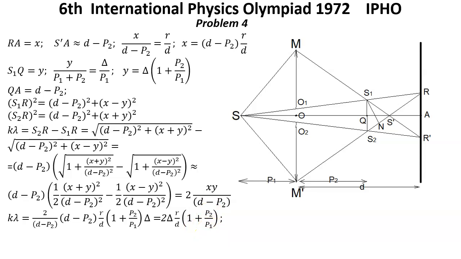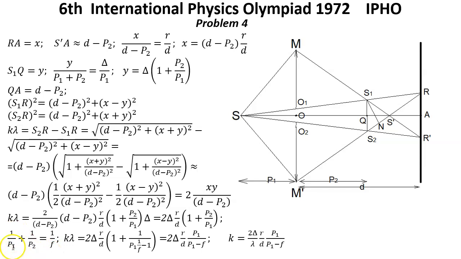Now we can remember the focal distance f for our lens. That will be 1 over P1 plus 1 over P2 equal to 1 over f. And we can put this P2 expression into this one, and finally we will get that k equals this expression.